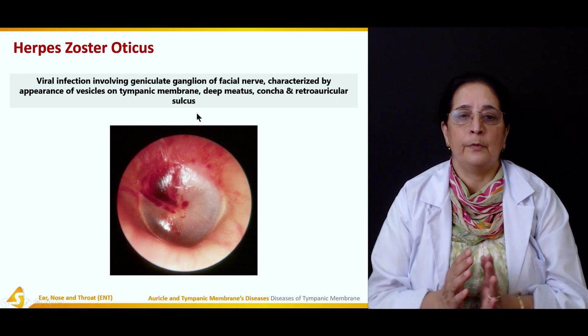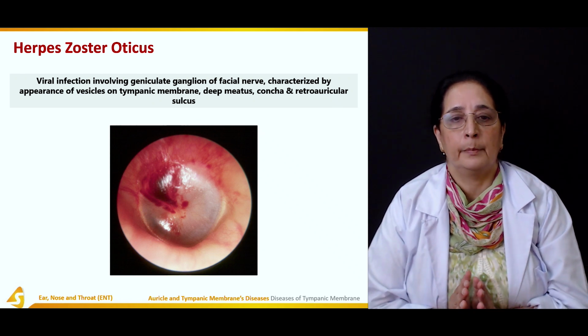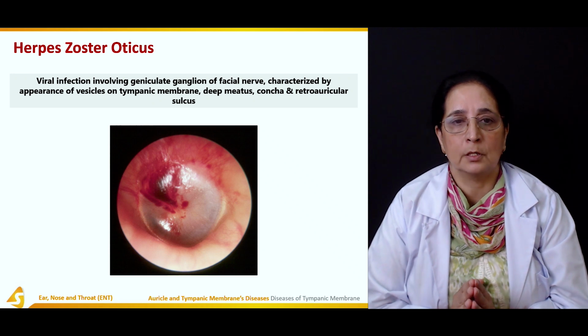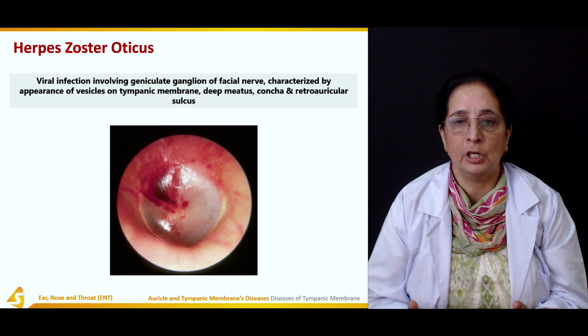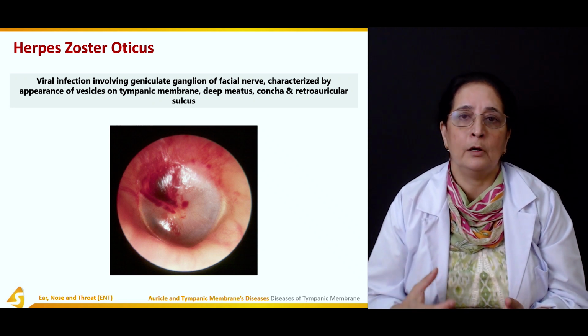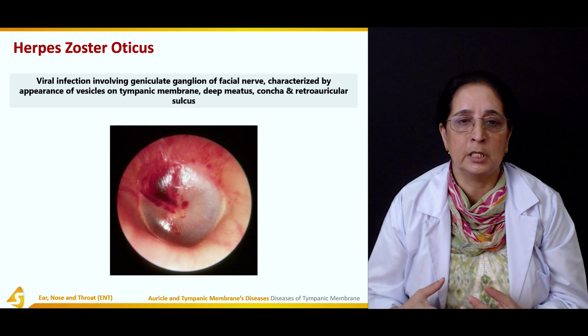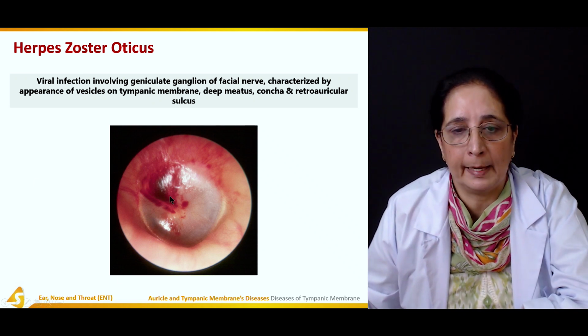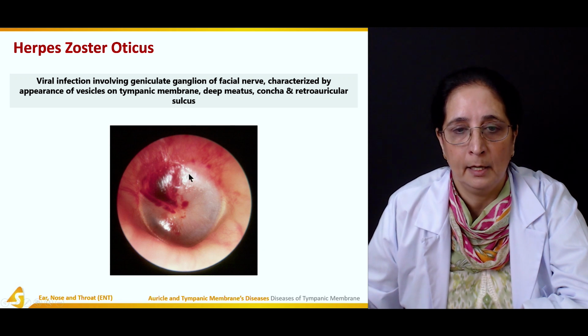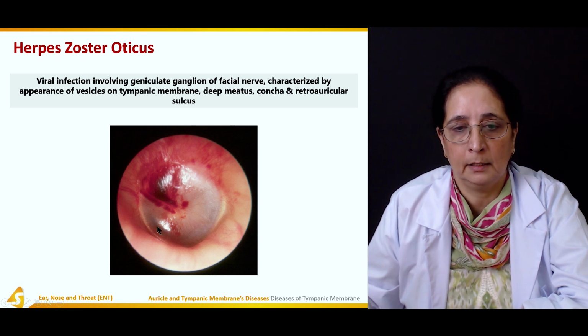So when there is a viral herpes zoster infection, it involves the facial nerve, and this involvement of the facial nerve is associated with the presence of vesicles on the tympanic membrane. These are the vesicles present on the tympanic membrane.